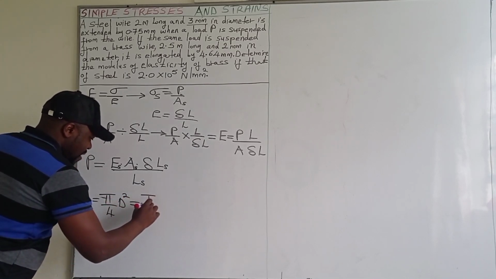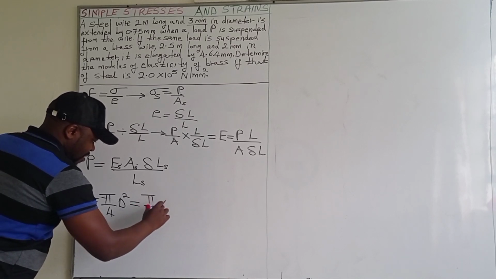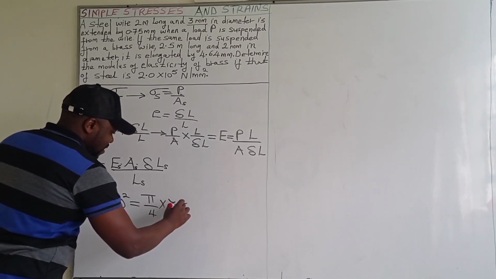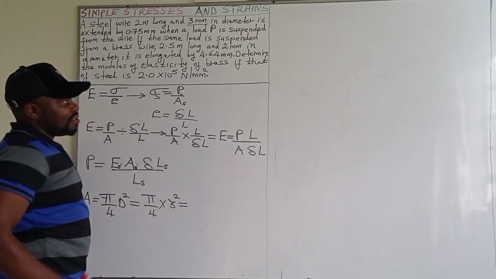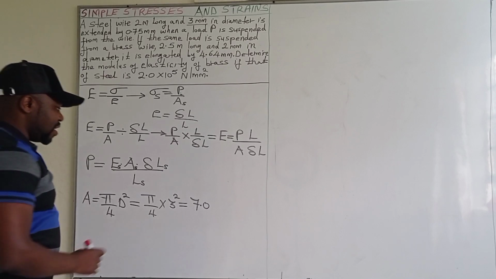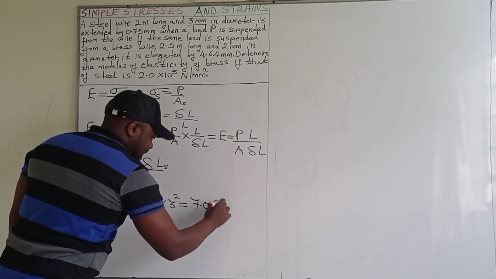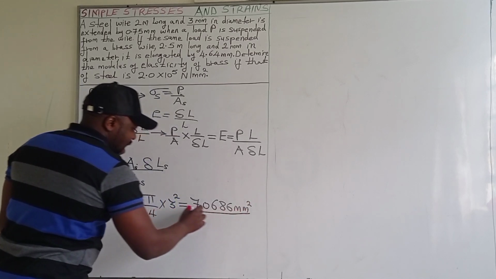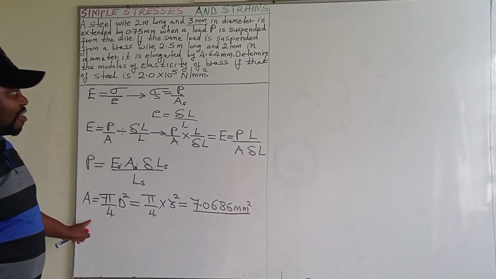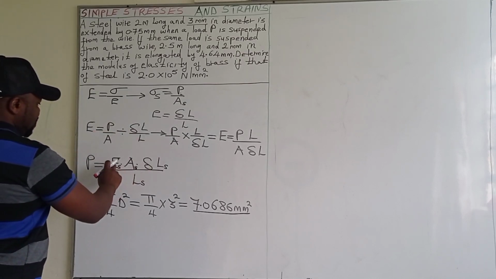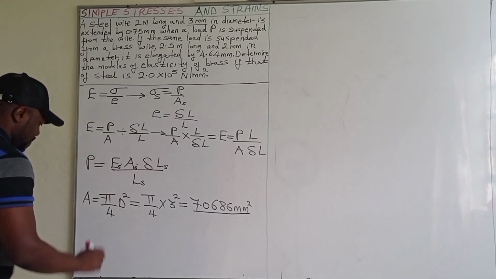This is pi over 4 times the diameter, 3 millimeters, squared. That gives us an area of 7.0686 square millimeters, the cross-sectional area of the steel wire. So we are going to input those details in this formula.